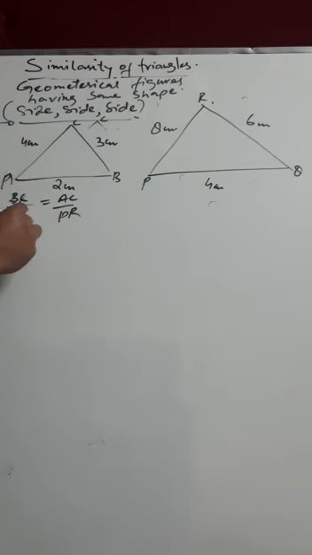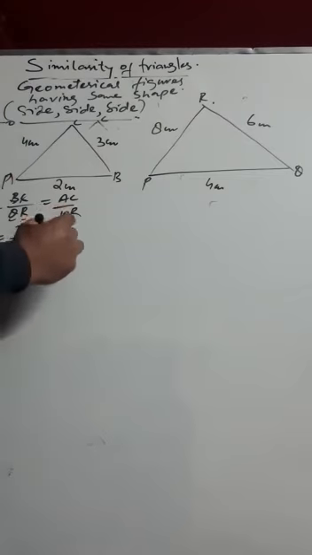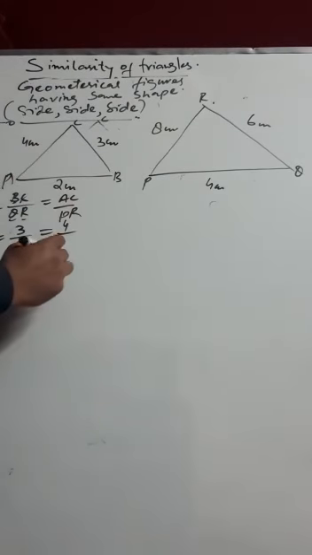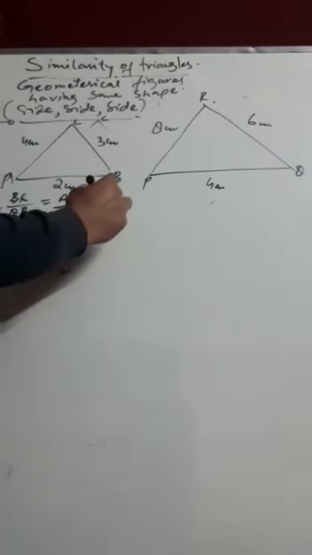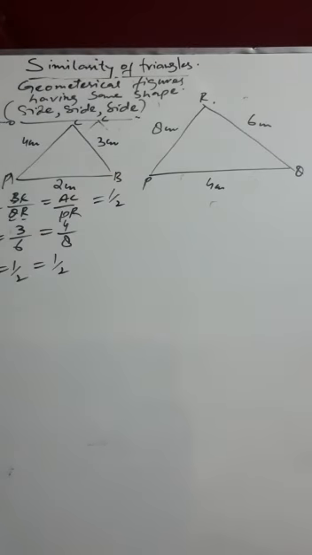Instead of BC, we will write 3, and instead of QR, we will write 6. Then instead of AC, we will write 4, and instead of PR, we will write 8. And we get 1 by 2 here, 1 by 2 here, 1 by 2 here. So all are equal to 1 by 2.